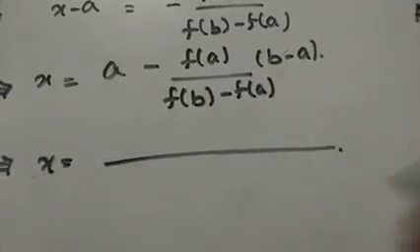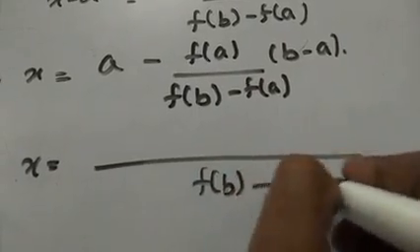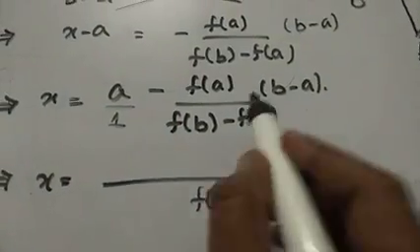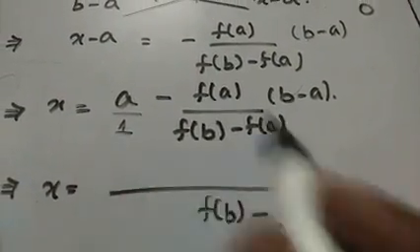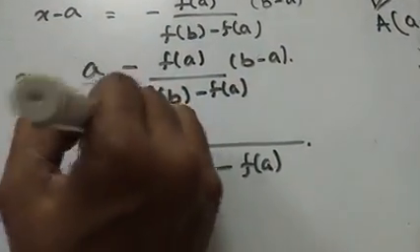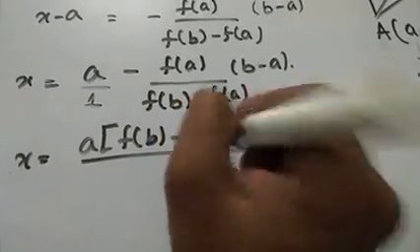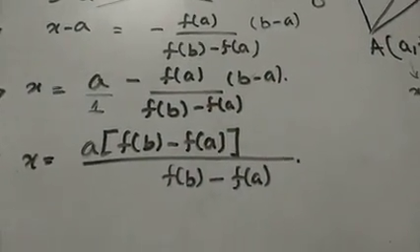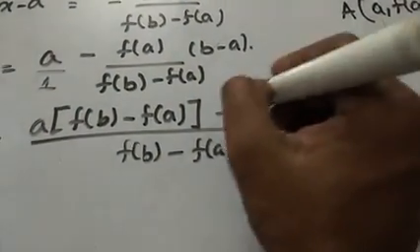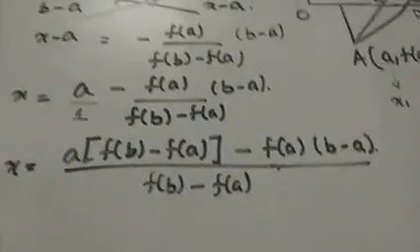Taking the LCM, f of b minus f of a. Here in the denominator is 1, and here f of b minus f of a, so their LCM will be f of b minus f of a. Now just doing the cross multiplication, a into f of b minus f of a minus, and this side will remain unchanged, that is f of a into b minus a.